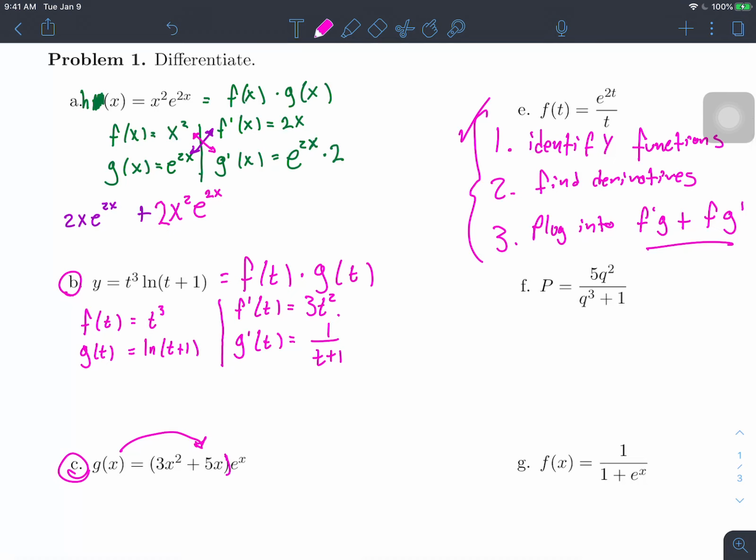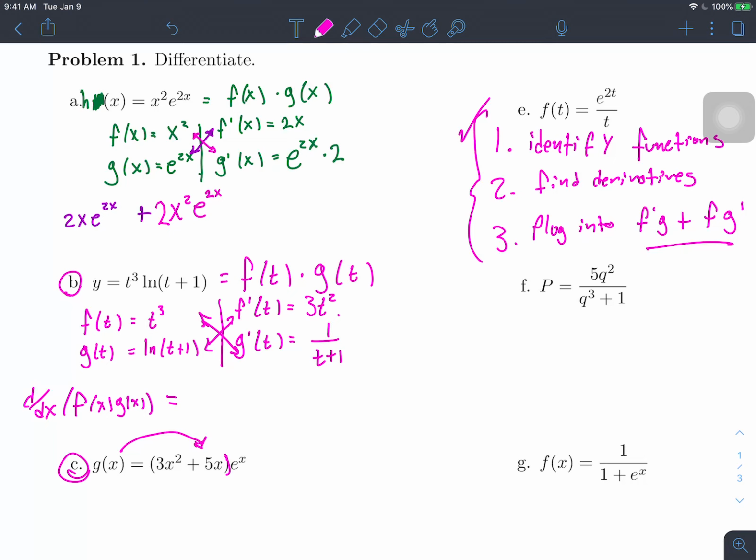So if I want to find out what's the derivative of f of x times g of x, it should be equal to f prime g plus f g prime. So I'm going to play the crisscross applesauce game. First up is f prime g.